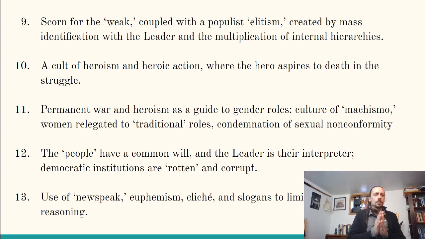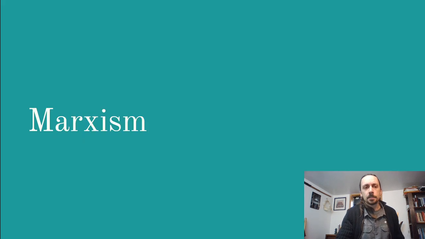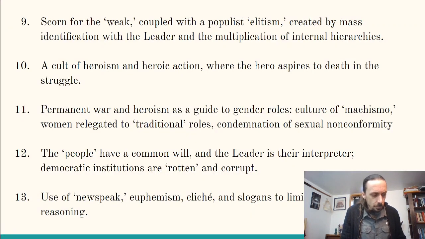So notice that a lot of these features don't have to do with specific policy. They don't have to do with what a fascist thinks of the economy, what a fascist thinks of the environment, what a fascist thinks about international relations, and any of the complex issues of policy that in daily life go through parliamentary democracy.